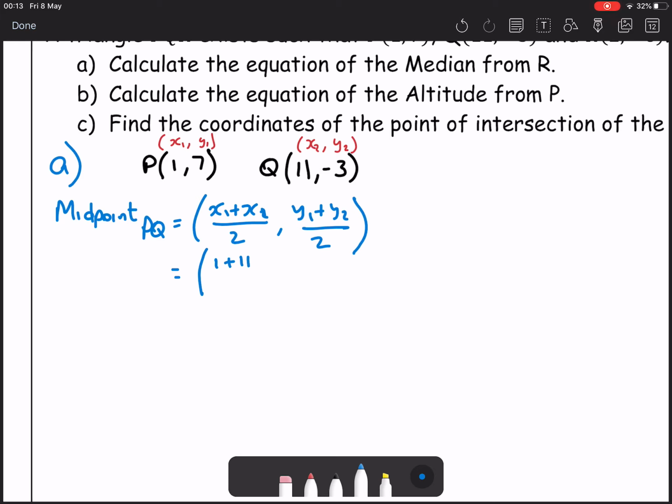One plus 11 over 2, and 7 plus minus 3 over 2. 12 over 2, 4 over 2, gives me the point (6, 2).